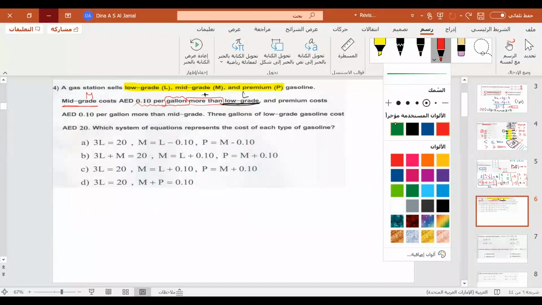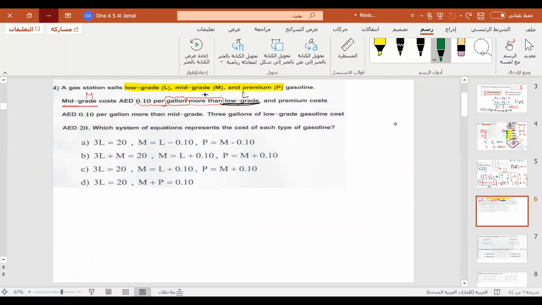So he connected the mid-grade with the low grade with a relation, and he told me that it costs 0.1 per gallon more than the low grade. And what about the premium? Your premium is connected with the mid-grade.